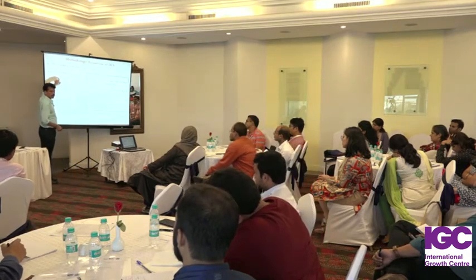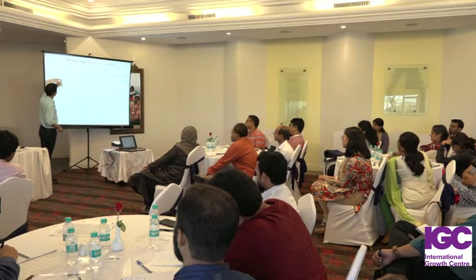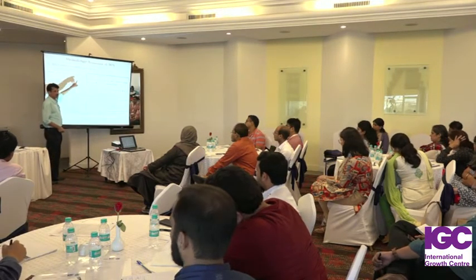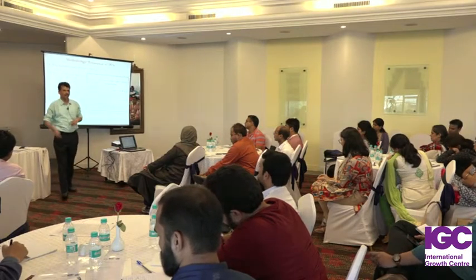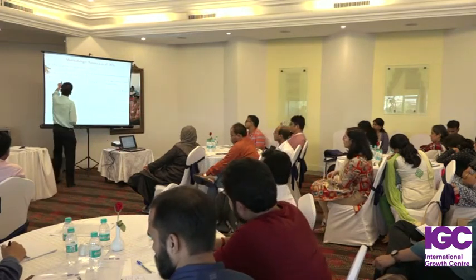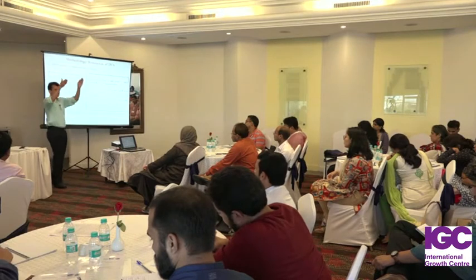There is a small v here, and there is a term within bracket, and then there is a capital X hat. I will explain what each one of those means. This small v is a vector.